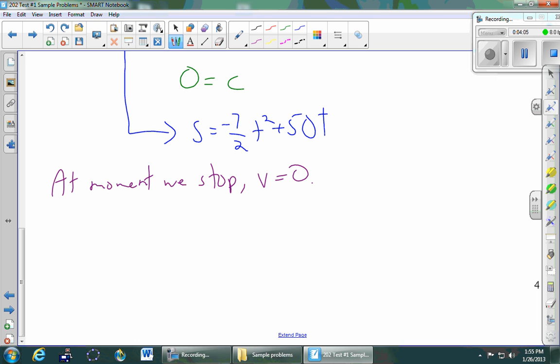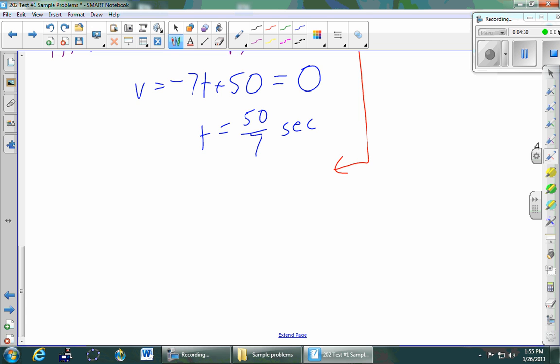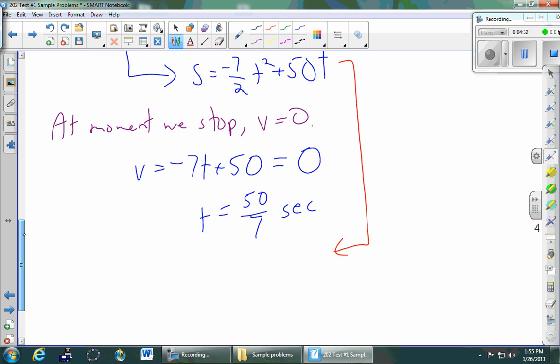So how about we take our velocity equation, negative 7t plus 50, and we set it equal to 0. Solve this equation for t. t is 50/7 seconds, so a little over 7 seconds for us to stop. And then finally, what we were interested in was the position. The position when we stop, after 50/7 seconds.